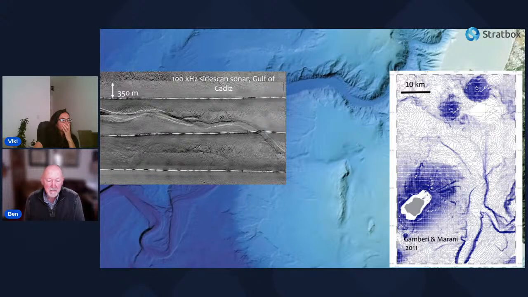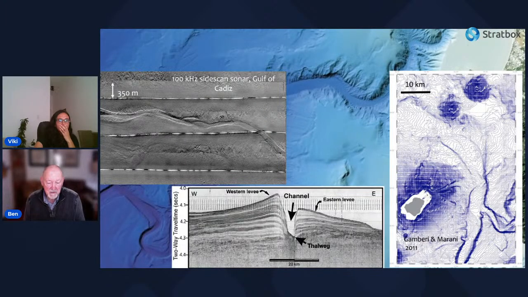Where they aren't bounded by erosion surfaces, such as these two, they typically have levees built up by overspill from the channel, like this one, which is the North Atlantic mid-ocean channel. And you can see from the scale that the channel itself is several kilometers wide, and the levees are tens of kilometers wide. That's an exceptionally large example.